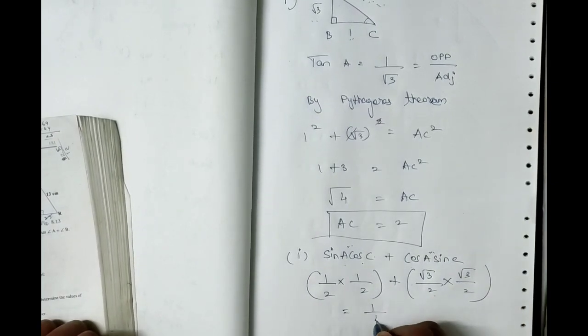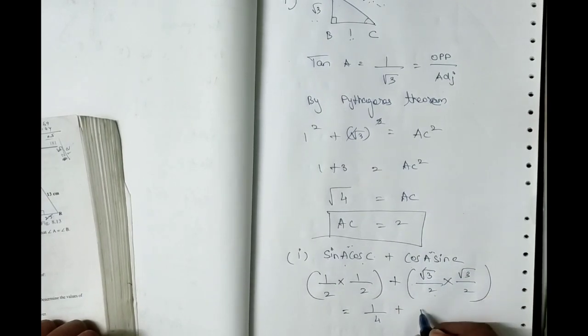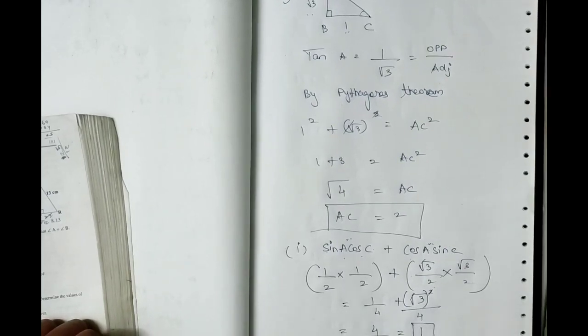So we have 1 by 4 plus root 3 into root 3, root and root will get cancelled. So it will be 3. I'll clearly explain: root 3 square, so square and root will get cancelled, divided by 4. 4 by 4, which is equal to 1. This is the first one we have derived.